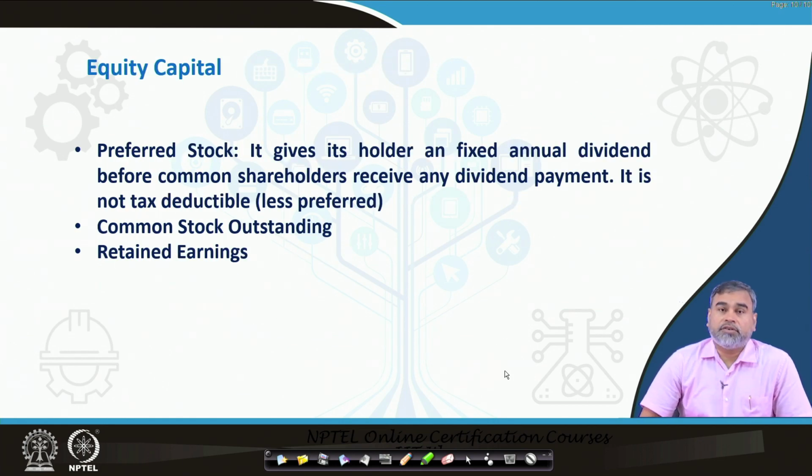Then the other important liability is the equity capital. Already we know that there are 3 types of equity capital: preferred stock, common stock, and retained earnings. Whenever you talk about equity, we have 2 types: internal and external.